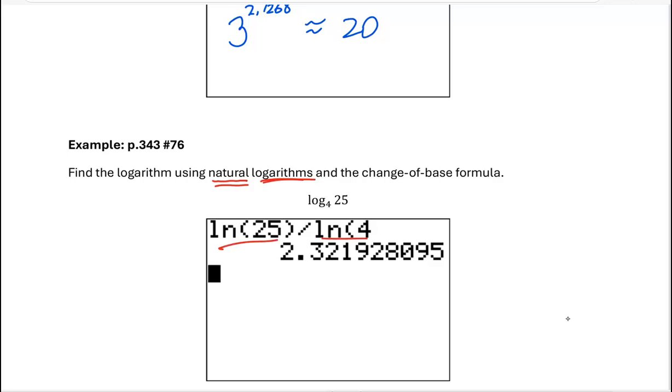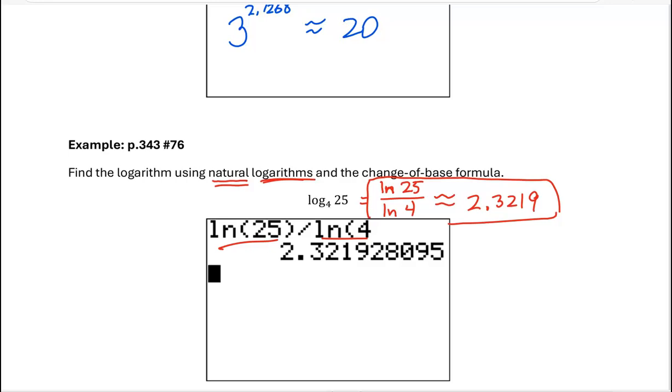So on your paper, I would be looking for this log with the natural base, ln of the big number 25 divided by ln of the little base number 4. And as you can see on the calculator screen, it works out to about 2.3219 right there. I want to see that as the answer.